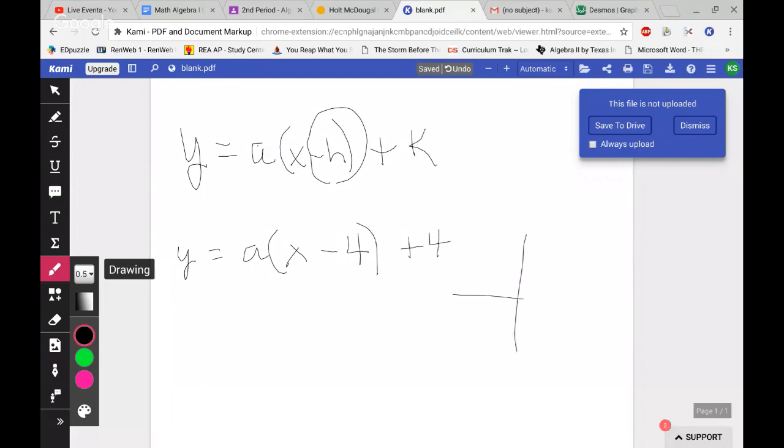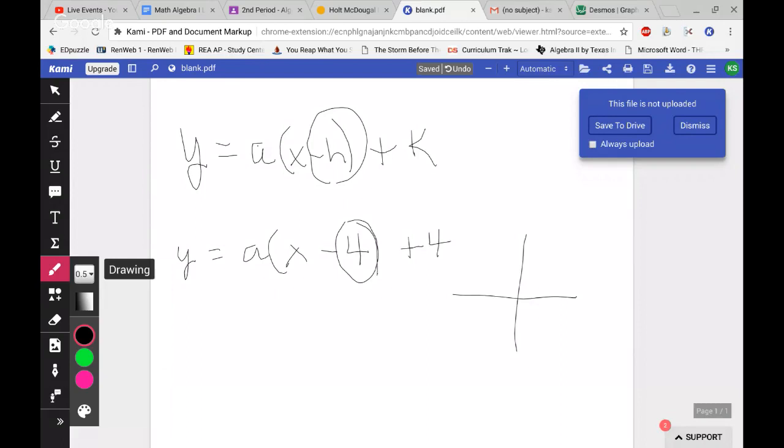Instead of starting at the origin like a regular line, since the original equation is a minus, you're pulling a positive out, and this is a plus.